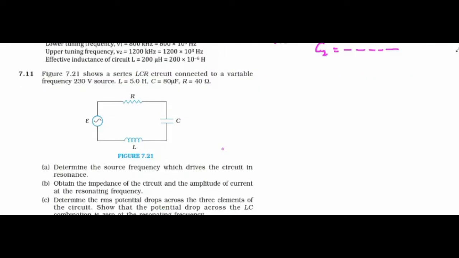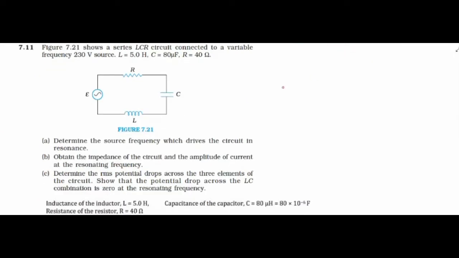Now next question 11. It's an LCR circuit. Again RMS voltage, values of L, C and R are given there. Now next, part A: determine the source frequency which drives the circuit in resonance. So for the source frequency, again we can use the formula omega naught is equal to 1 by root LC.